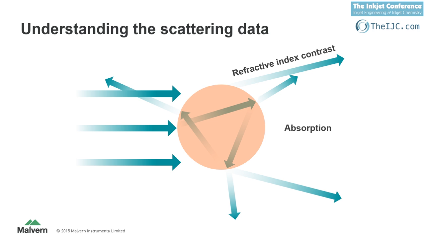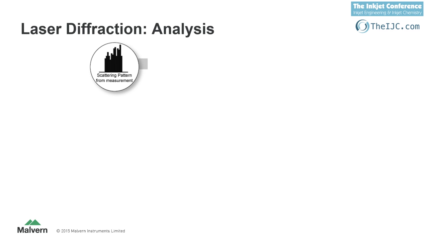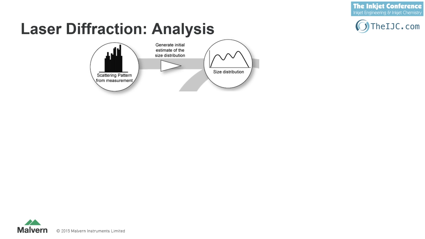Unfortunately, it works in the opposite way to the way that we would like. It can take a size distribution and calculate what the diffraction pattern would look like for that size distribution. So we have to use it backwards in order to get from what we can measure. We can measure a scattering pattern in the instrument. We make a guess at what the size distribution might look like. We then apply our optical model in order to generate a theoretical scattering pattern.